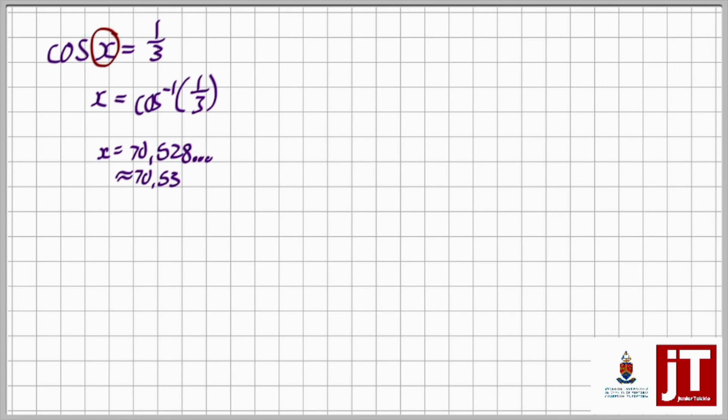Let's try another one. What if I give you 4 cos x minus 1 equal to 0? Now I've got a bit of an issue. My box, my present, is not alone under the Christmas tree. So first I've got to isolate my cos x.